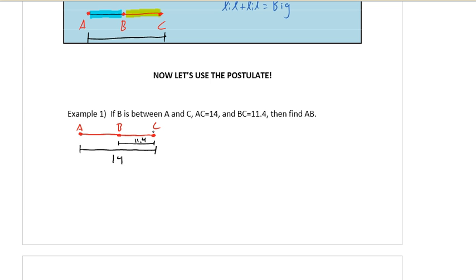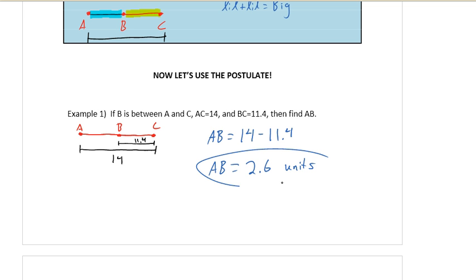How would we find AB? Well, if you have a big piece and a little piece, you want to try and find the other little piece. So hopefully you can see that what we want to do is take AB equal to 14 minus 11.4. So AB is equal to 2.6 units. Always label it units if I don't give you inches or feet or miles or whatever we're talking about.